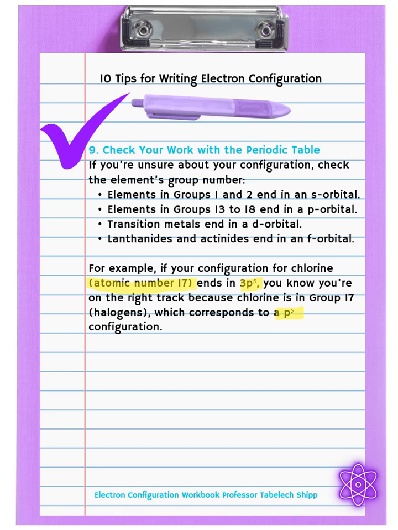Now, in case you need to see this visual, because I'm all about being a visual person in terms of writing it out, here is what we're talking about. When you write your configuration for chlorine, you've got 1s2, 2s2, 2p6, 3s2, 3p5.